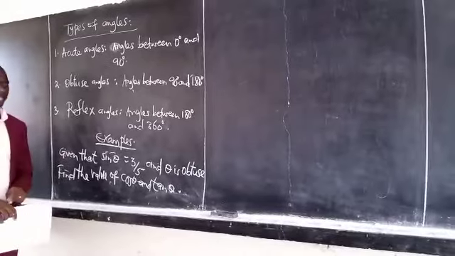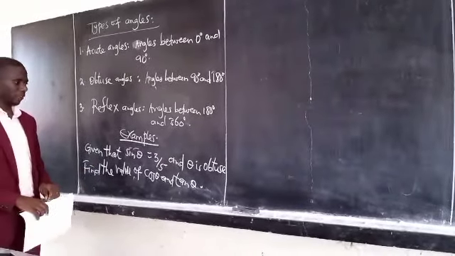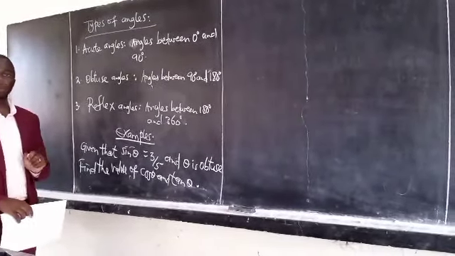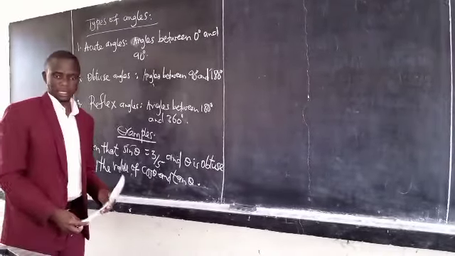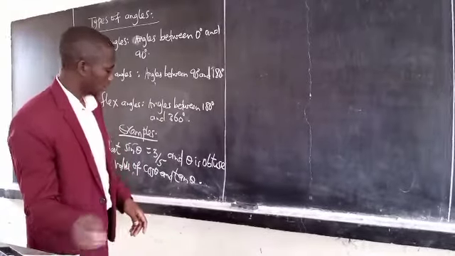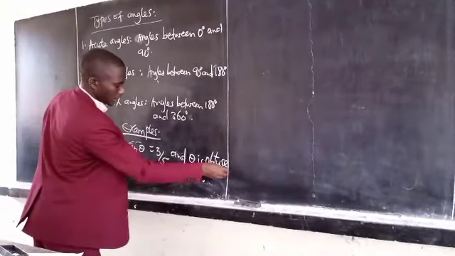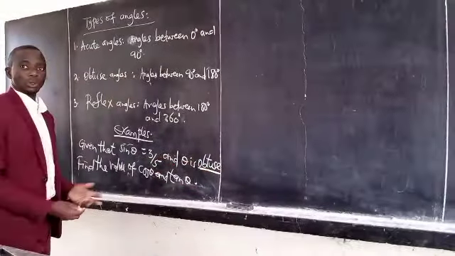Given that sine theta is 3 out of 5 and that theta is obtuse, find the value of cos theta and tan theta. We have some information. We are given that this angle theta is obtuse.